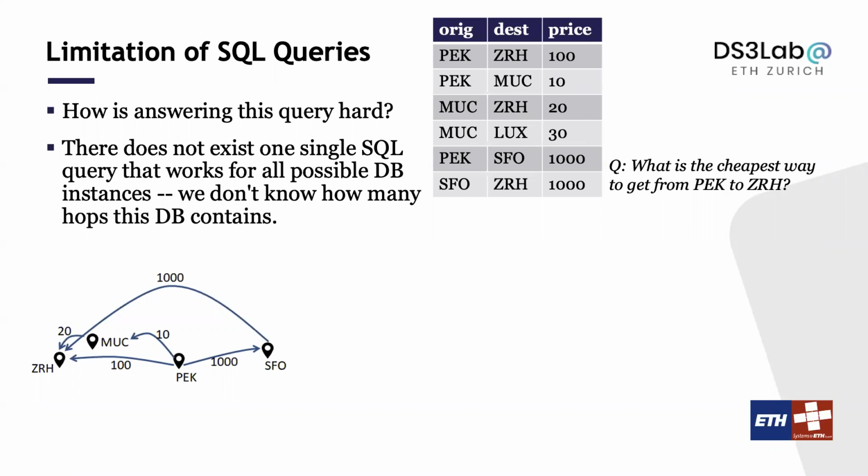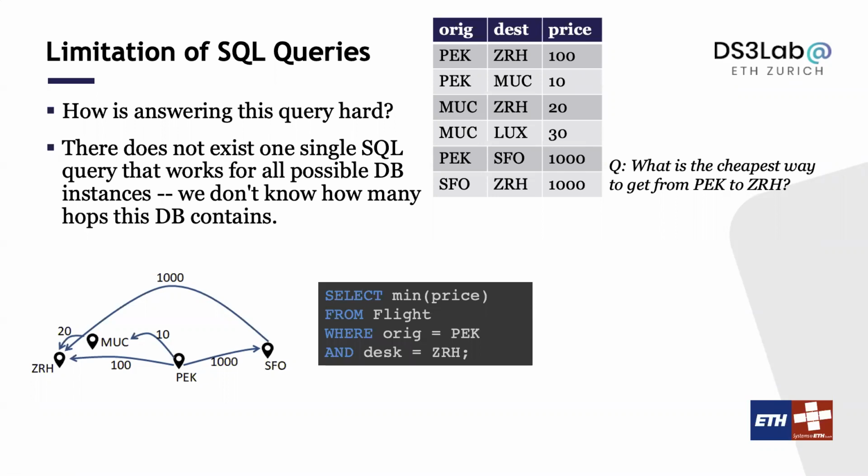And what if I want to ask a query saying, what is the cheapest way to get from PEK to Zurich, from Beijing to Zurich? In this case, we have the same problem. We can get all the information about the direct flight by just writing this query. I just query this table once. I say the origin is Beijing and the destination is Zurich, and then the price is essentially 100.